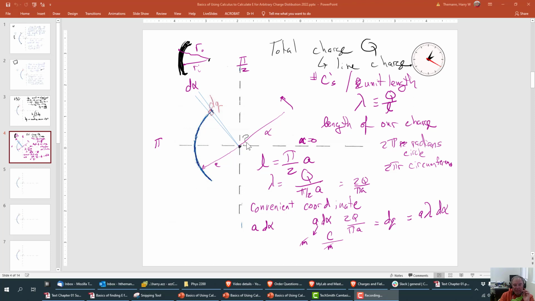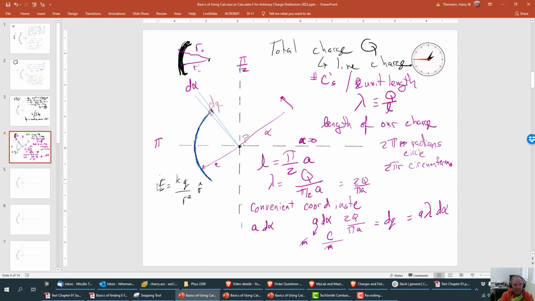Okay, so second video. What have we done? We needed to define ourselves this little piece of charge because we're going to use the E equation for a point charge.